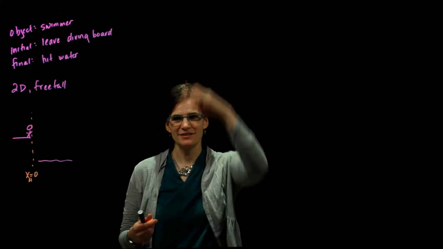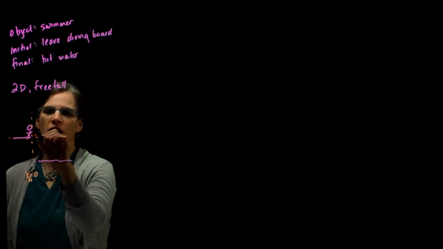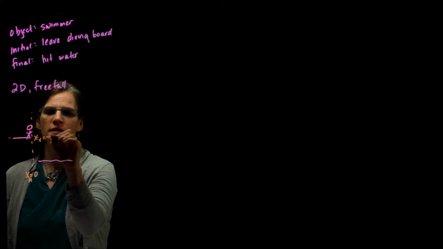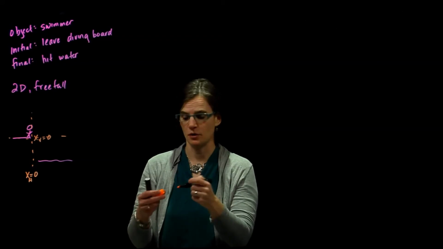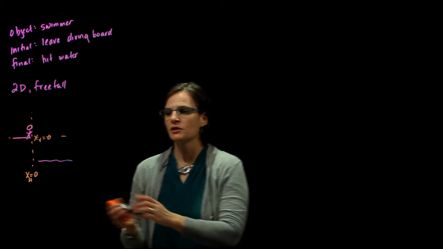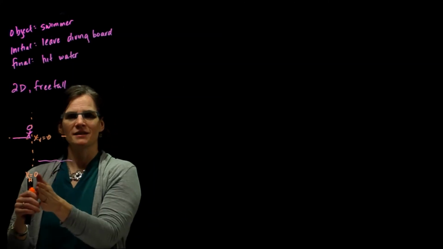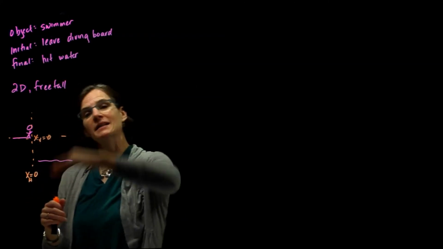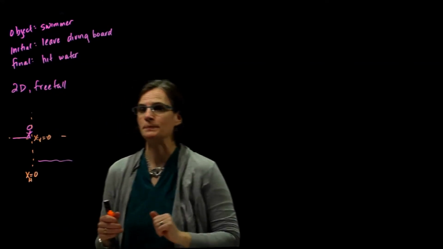Vertically, that defines our world up and down. We'll set our vertical origin at the start of the swimmer, where the swimmer is going off the diving board. So horizontally, we're at the edge of the diving board, and vertically, we're at the location of the diving board.